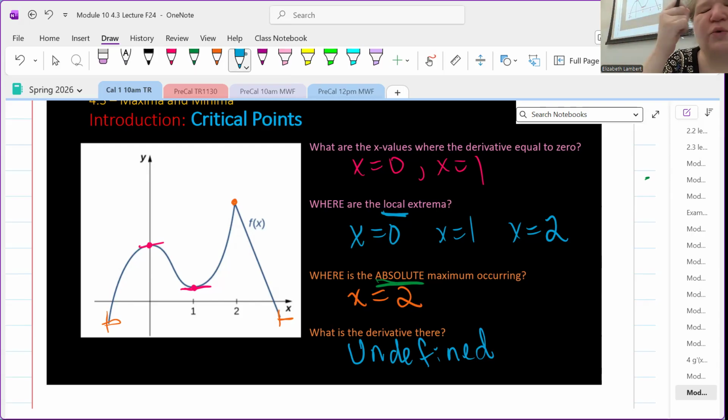So when we're looking for local extreme values, we want to look at where the derivative is equal to 0, but we also need to look at where the derivative is undefined. So when we're looking at an equation and we take the derivative, that's what we're going to look for.